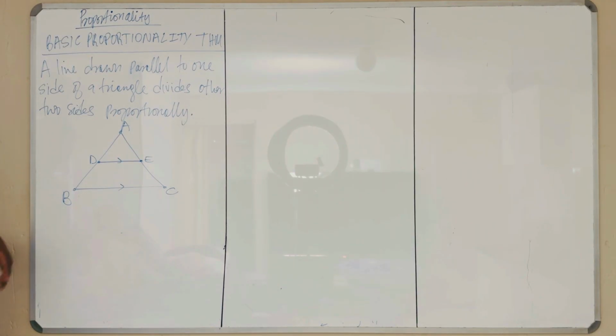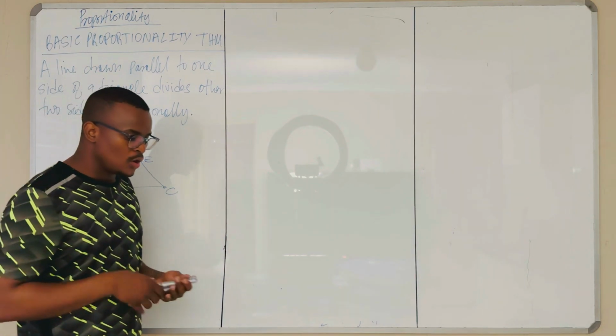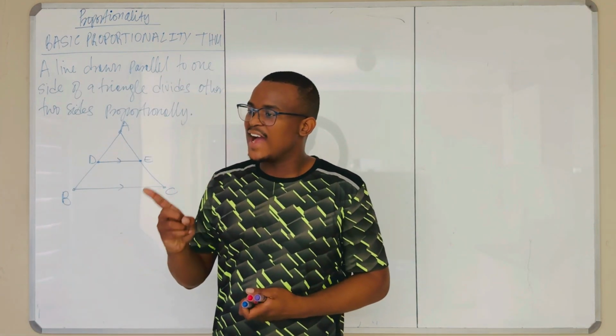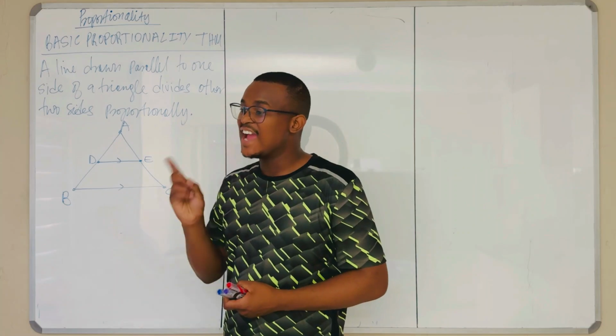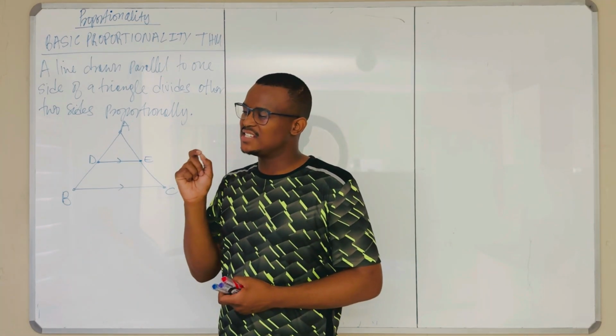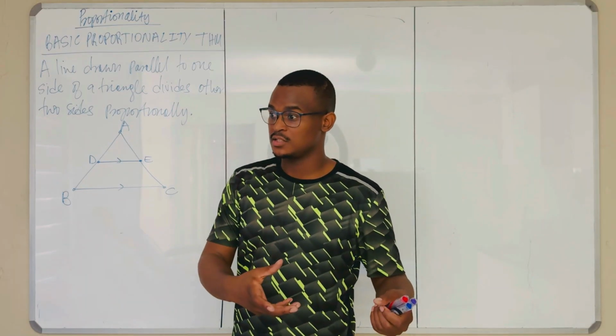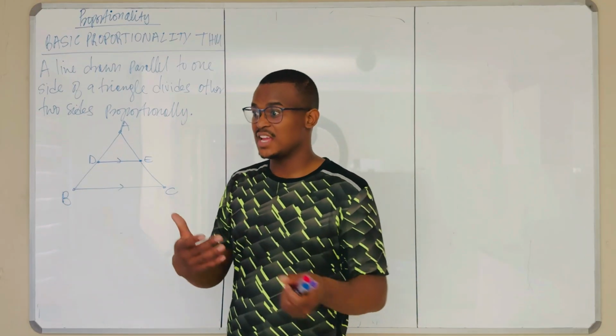So what they say is, if you have a line drawn parallel to one side of the triangle, it will divide these two sides proportionally. What does it mean to divide the other two sides proportionally? When I was doing ratios, I defined proportional. I said proportional means at equal ratios, same ratios.